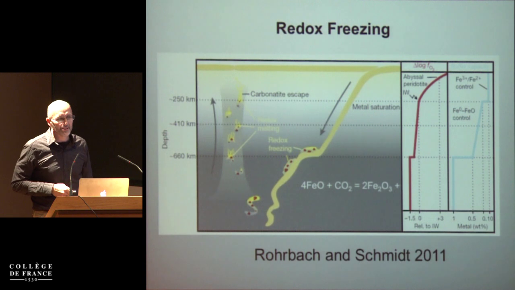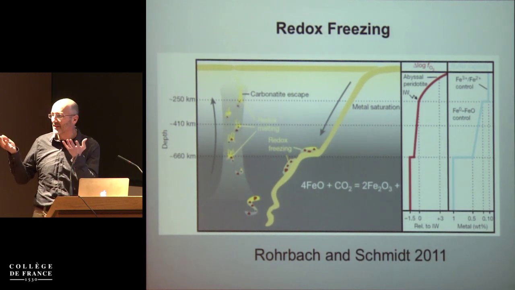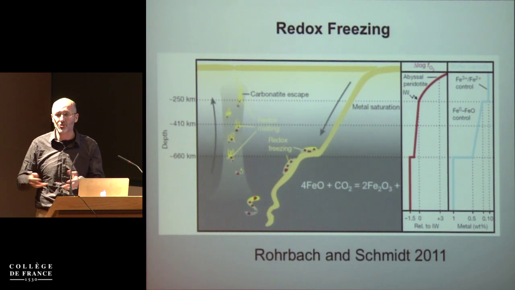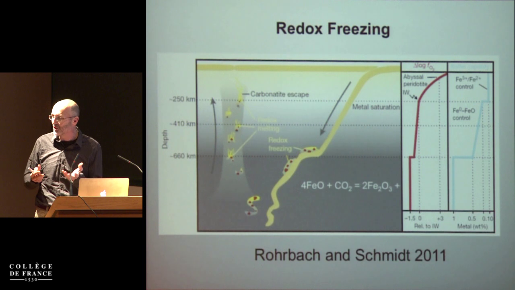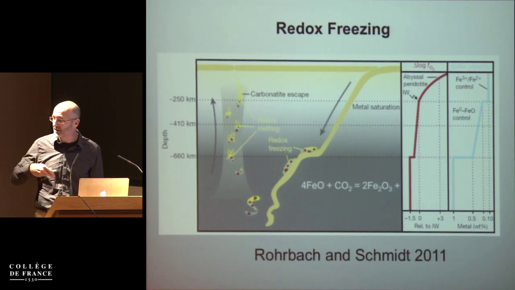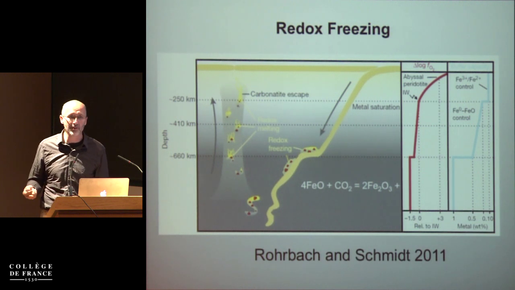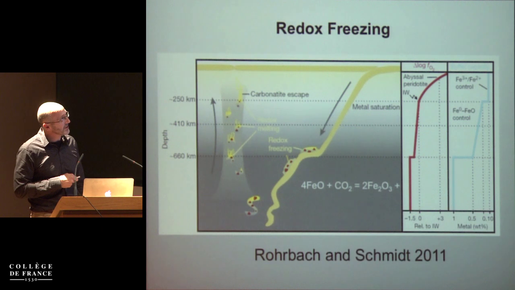And when they do that, it'll go into a very reducing environment with plenty of buffering capacity to strip all of that oxygen from that CO2 and convert it into Fe3+ in garnet. Then you'll make diamond, and that's a redox freezing process. So it's the opposite of the redox melting that occurs at shallower conditions.